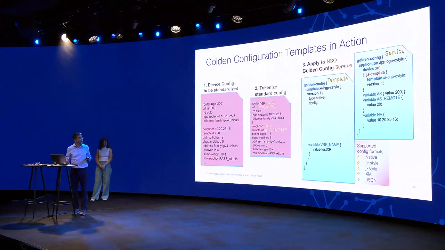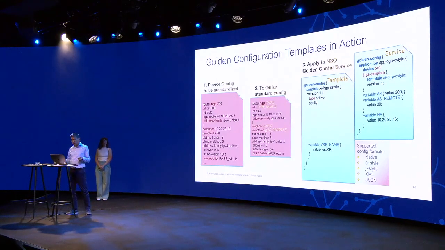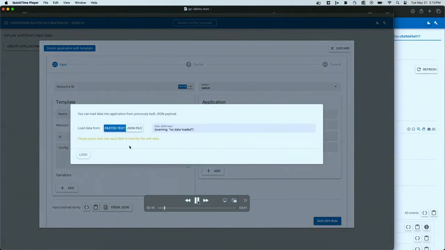OK, so let's start the golden config demo. Let's go to the UI screen for golden config. I'm going to create an application along with the template on the same screen. I'm going to be importing from a JSON file.